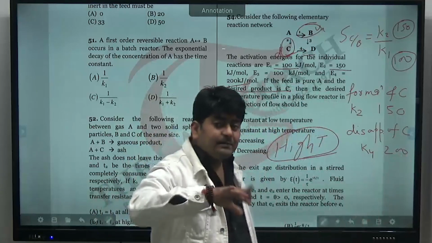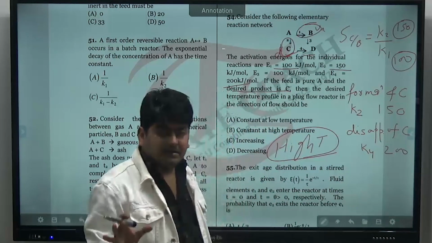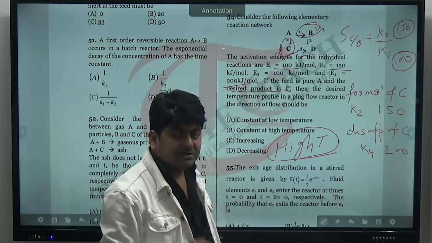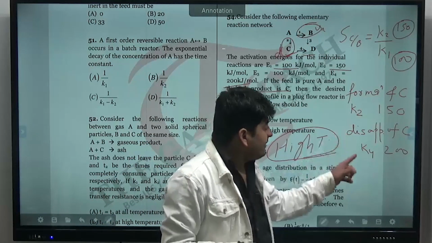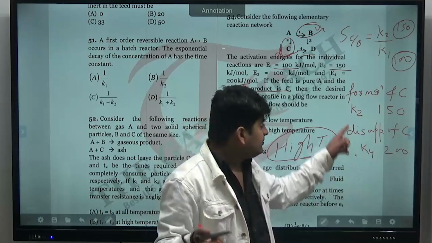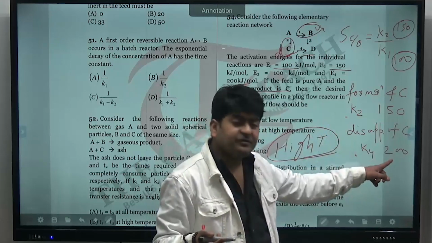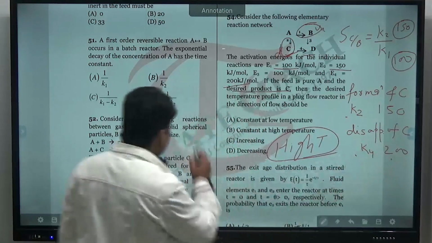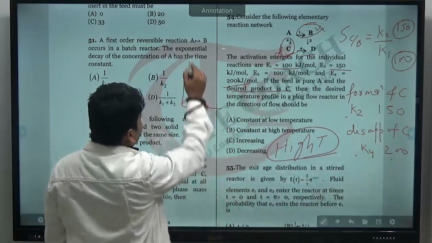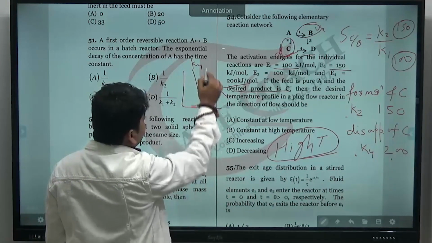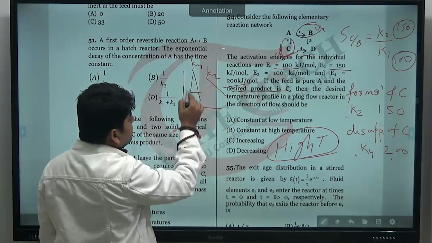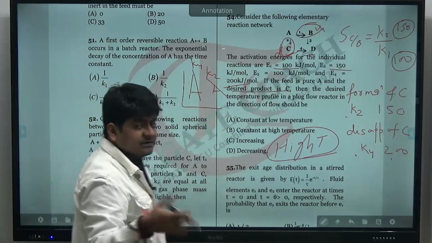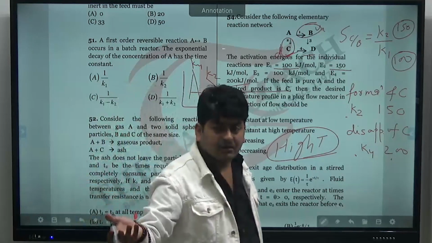Now just try to understand, if I keep high temperature again, what will happen? K4 will increase more as compared to K2 since its activation energy is high. Okay, if you see the curve, K4 curve will be more steep as compared to K2. So K4 will increase more as compared to K2. So disappearance of C will increase.